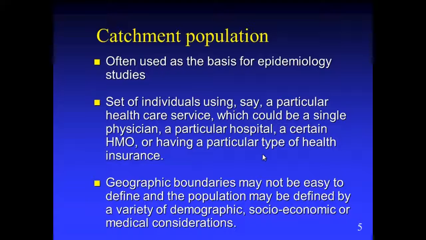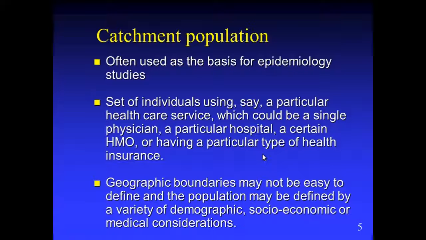A slightly specialized type of population is what we sometimes refer to as a catchment population. This is a population where it's difficult to draw a geographic boundary around them, but they might be defined by their attendance in a particular healthcare facility, or it could be a particular school, for example.